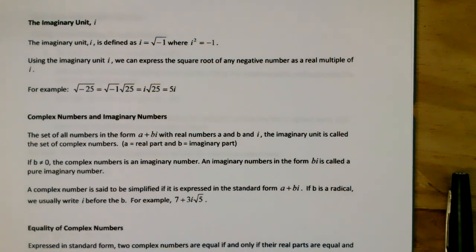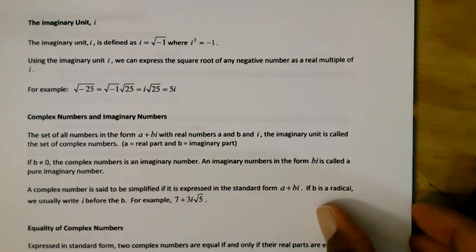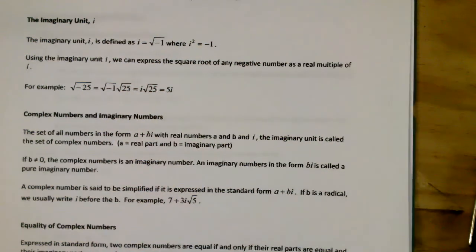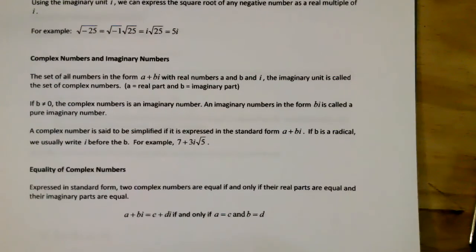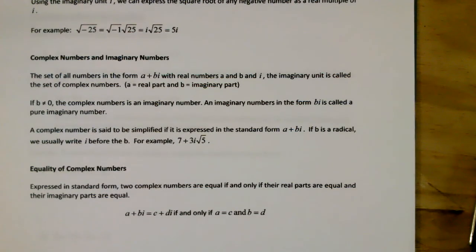And we can write it as a complex number, which is the next thing that we will talk about: complex numbers, along with imaginary numbers. The set of all real numbers in the form of a plus bi, with real numbers a and b, and i being the imaginary unit, is called the set of complex numbers.